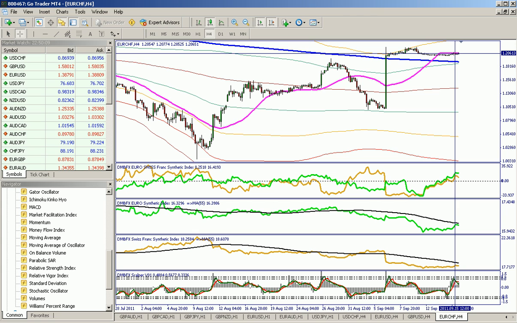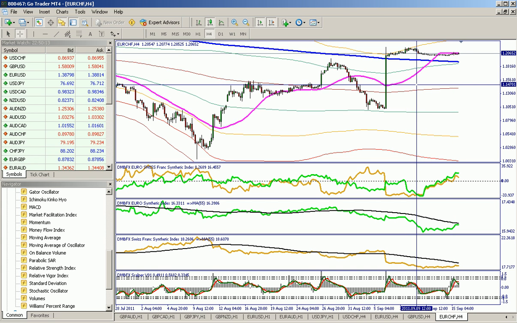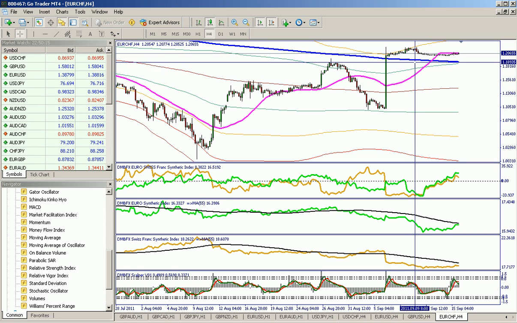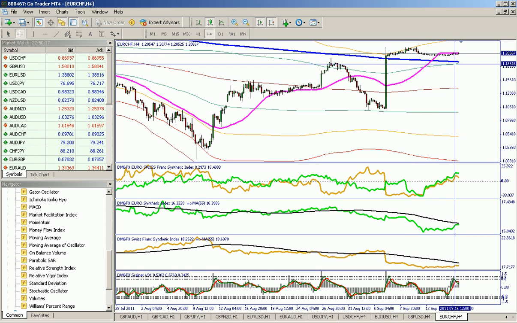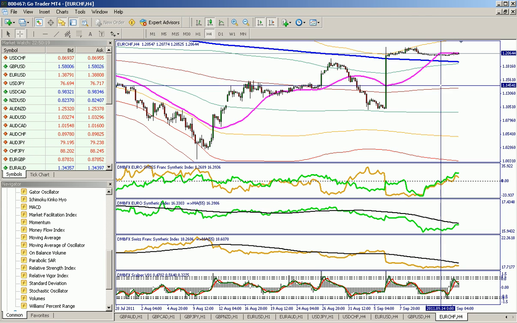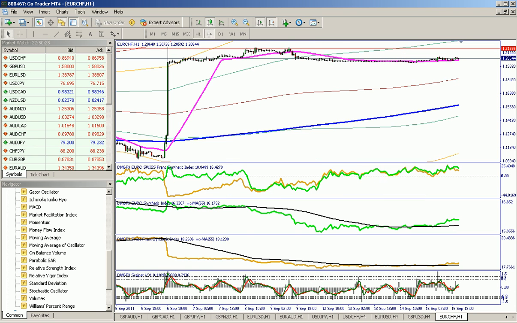And like we said before, normally whenever it's way above or below the long-term moving average, it has a tendency to move back to it, gravitate back to it. To identify a couple of support and resistance levels, you can probably put a resistance there, and then we can find one down here as well.